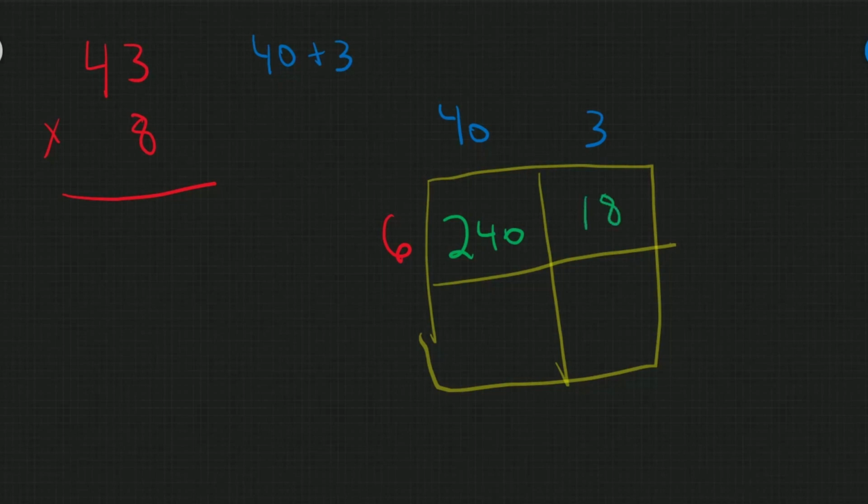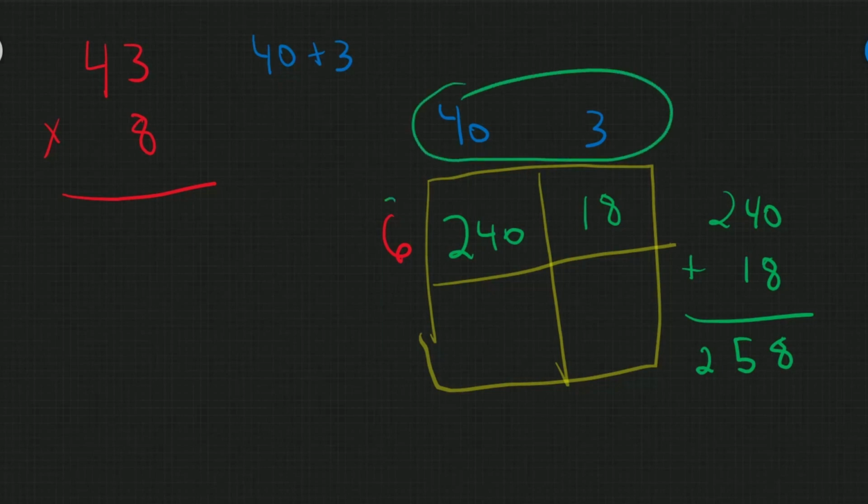Now I add these up. 240 plus 18. 0 plus 8 equals 8. 1 plus 4 equals 5. 2 plus nothing equals 2. 43 multiplied by 6 equals 258.